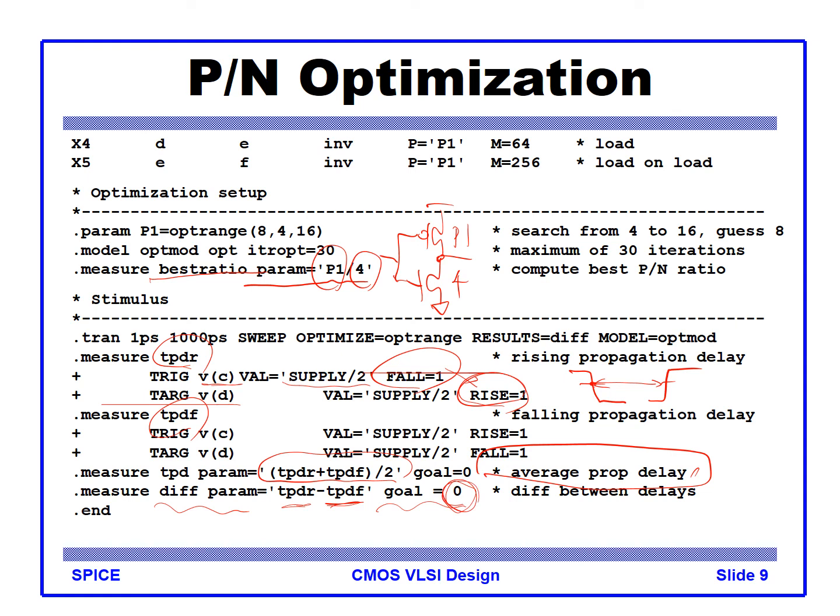And for the average propagation delay, we want to minimize it. Based on these keywords, we set our target and goal, and then run the optimization process.